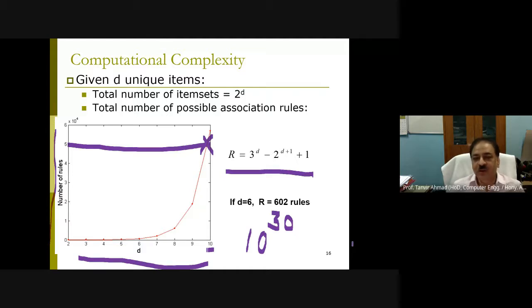Can you calculate the confidence and support of 10 to the power 30 rules? No. It's highly impossible. And I am telling this only for 100 item sets. Any particular departmental store will have thousands of item sets, not only 100. Therefore, it is highly impossible to come up with this.